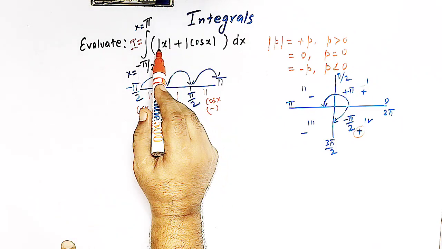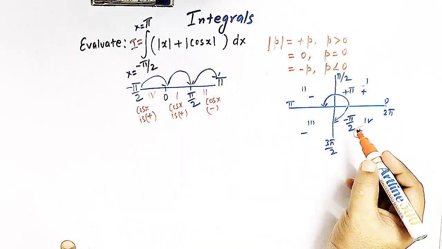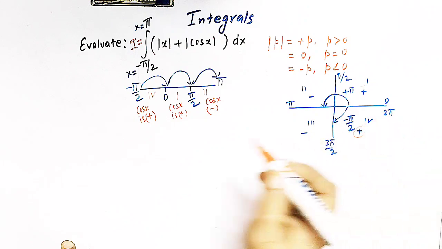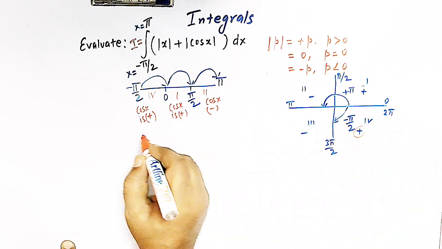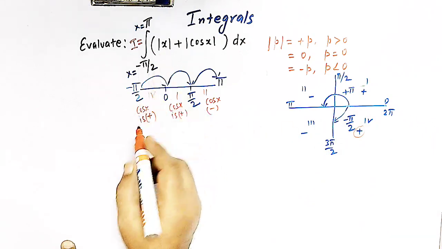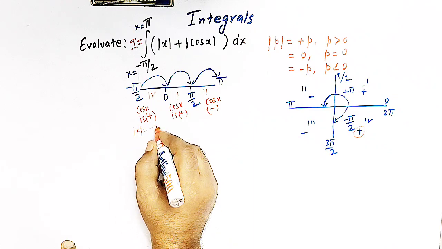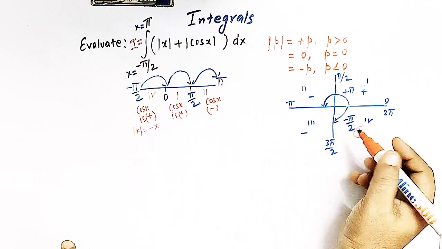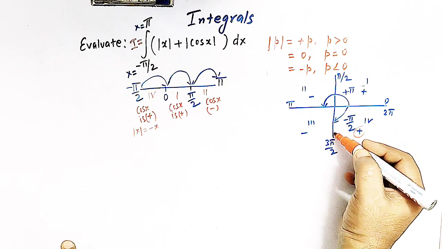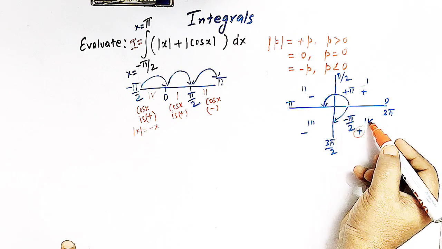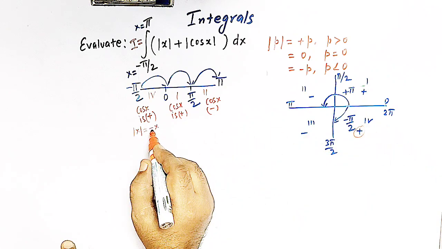And here we have mod of x. So when we go from minus pi by 2 to 0, mod of x is equal to a negative x, because in that case all the angles which fall in the fourth quadrant are negative, right?